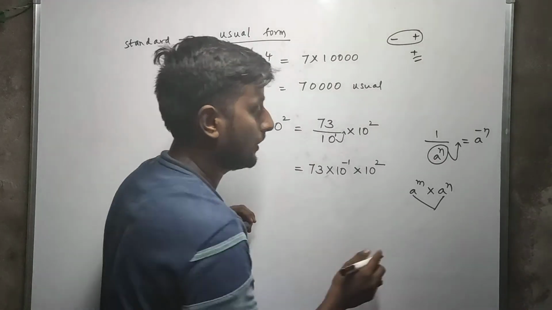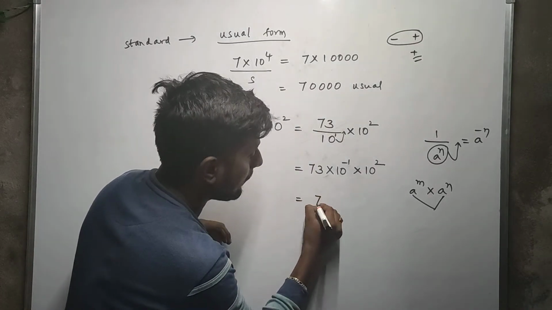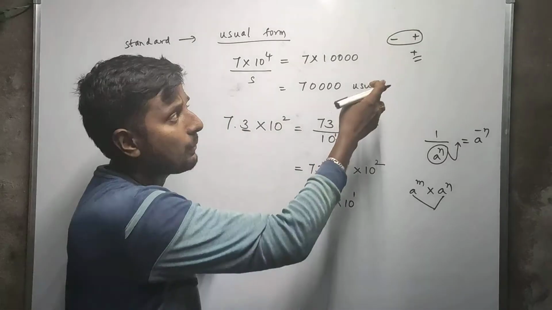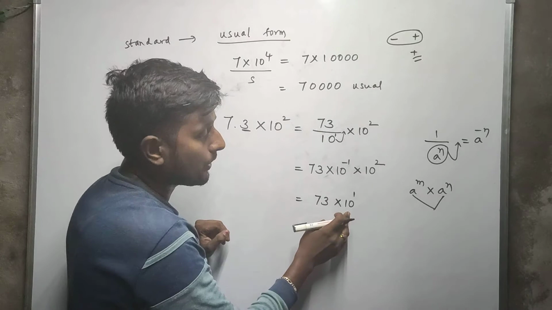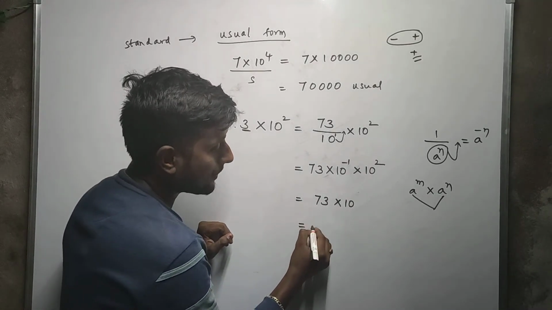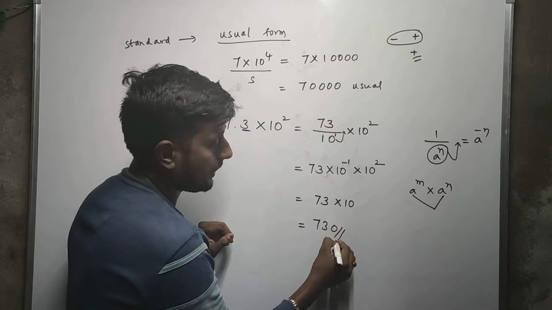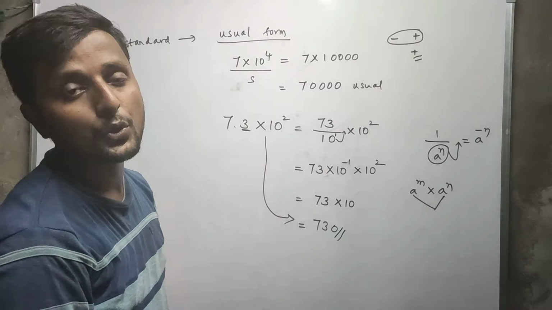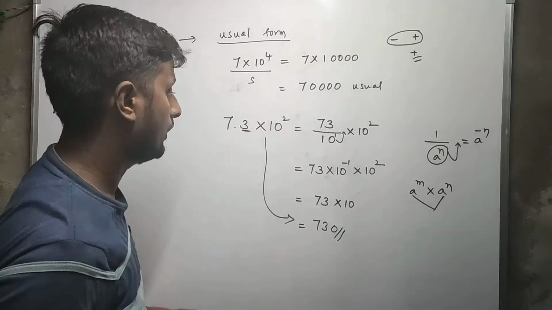Only 1 time. So here we write 73 into 10 to the power 1. 10 to the power 1 is nothing but 10. So 73 into 10 is 730. So we converted standard form into usual form, a usual number.